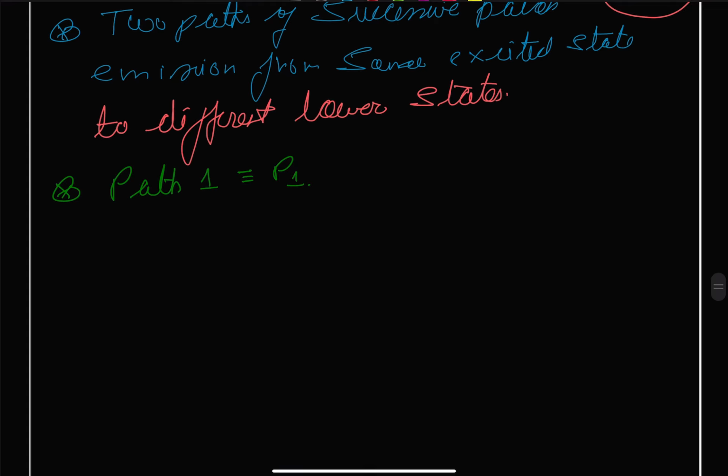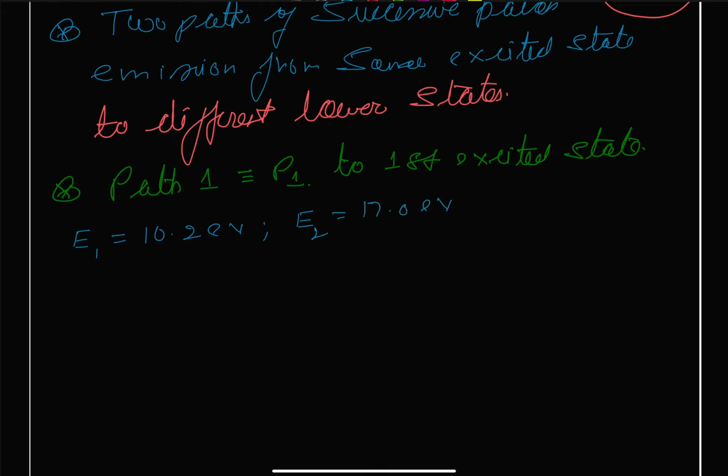So you can say P1 is the first excited state. So we have two energy levels. Let us call this E1, which is 10.2 electron volt, and we have E2, which is 17.0 electron volt.